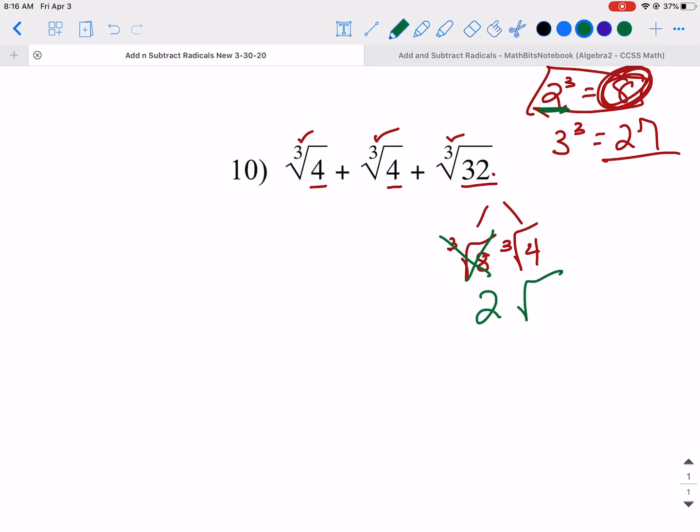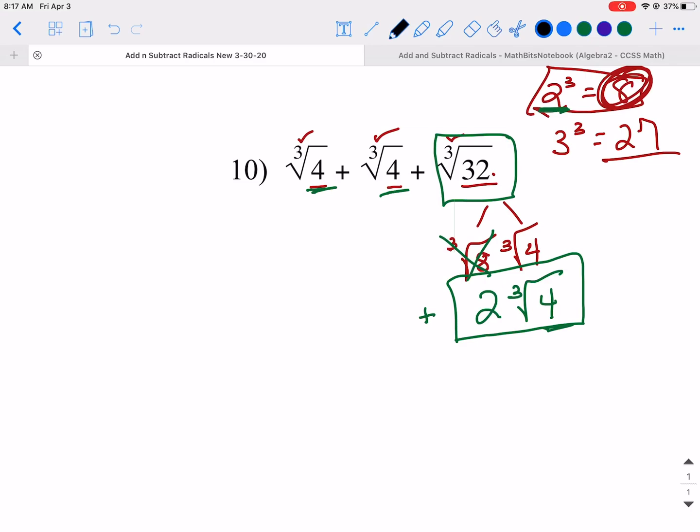And I'm left with the cubed root of 4. So that's what the cubed root of 32 breaks down to. And there's a plus here. So now my radicands are all the same. My indexes are all the same, so I'm going to go ahead and add that. I have 1 plus 1, so I have 2 cubed root of 4 plus 2 cubed root of 4, giving me 4 cubed root of 4.